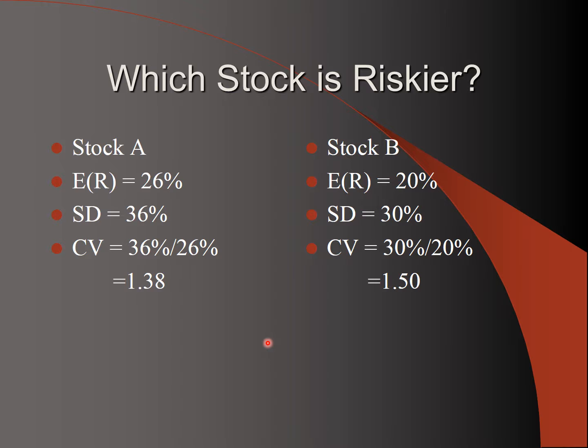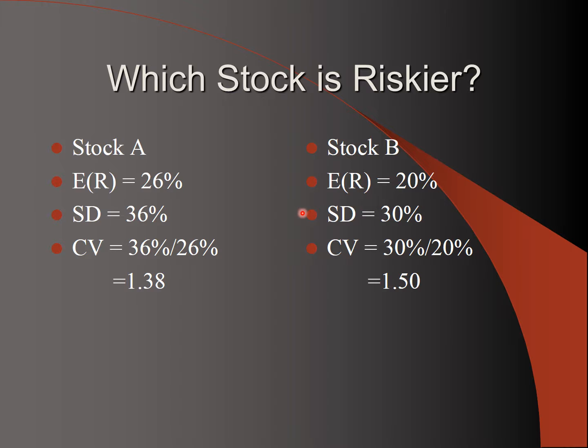That would be kind of a trick question, because it would depend on, are you talking about absolute risk or relative risk? Absolute risk is the absolute variation, okay? And without a doubt, since the standard deviation is larger for stock A than it is for stock B, stock A has more absolute risk.